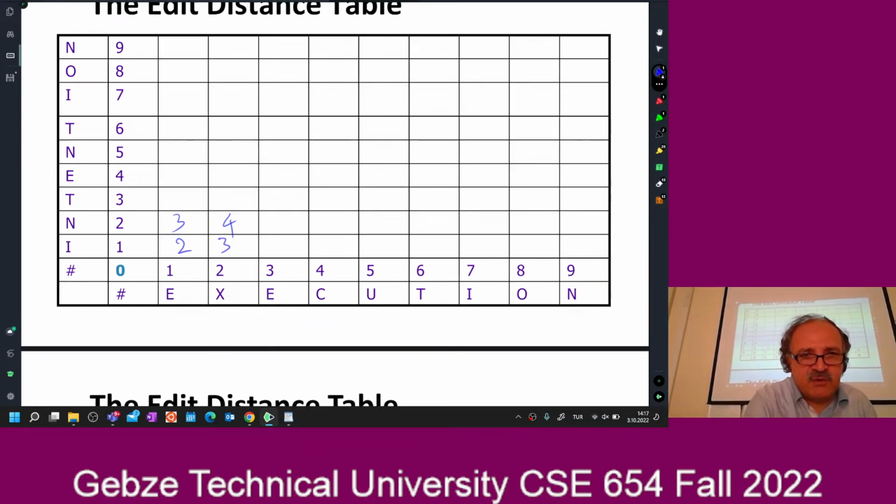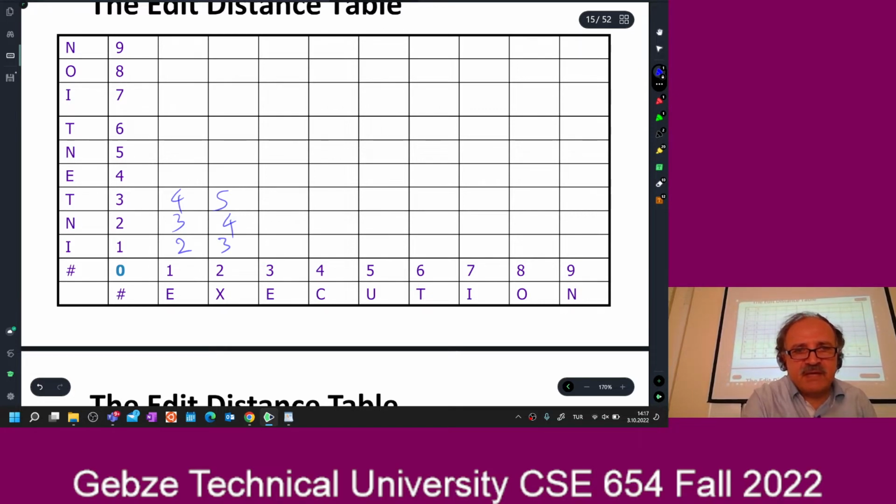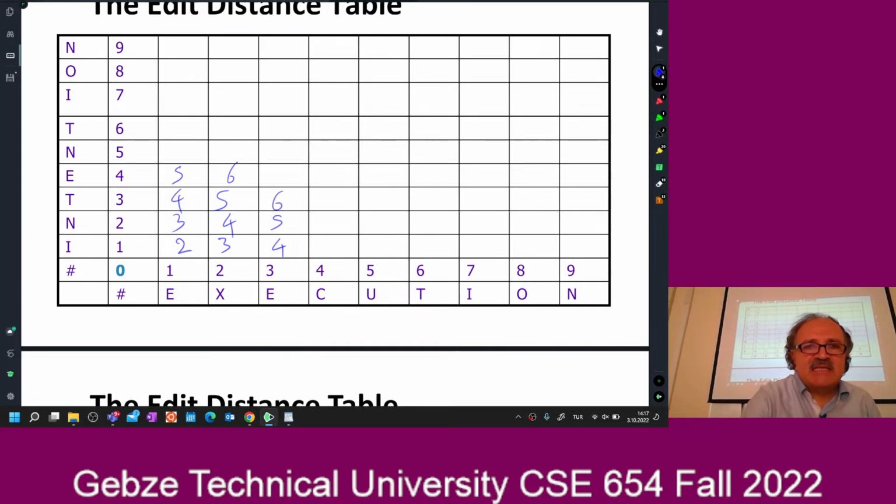Let's head for that place. T and E is going to be 4, and this is going to be 5, right? How about this one? This is going to be 4, this is going to be 5, this is going to be 6. And how about this one? 5, 6, right? Let's look at this.